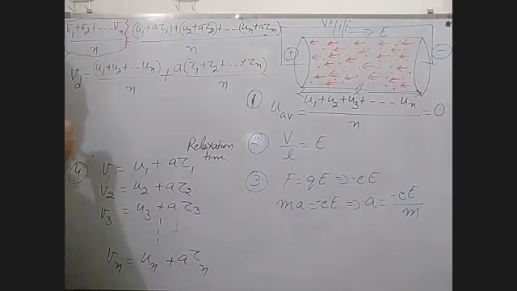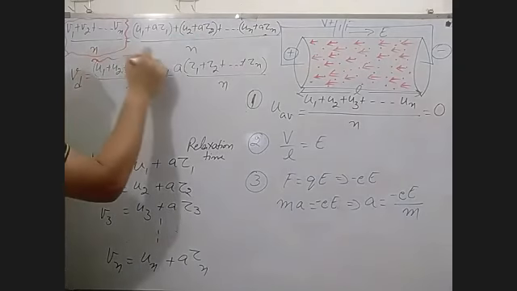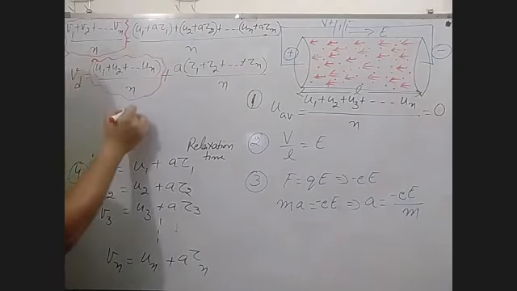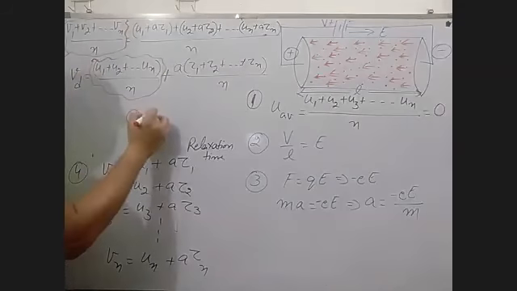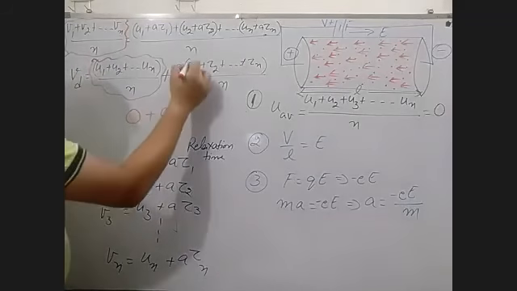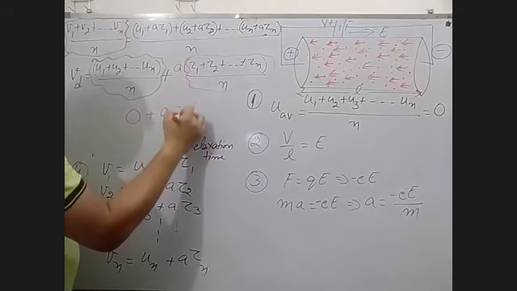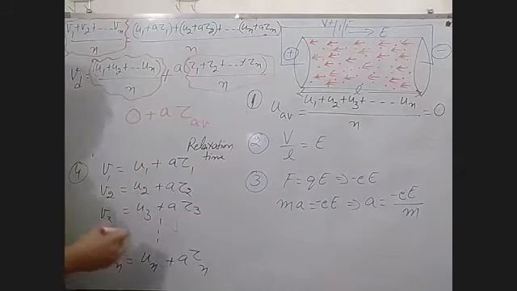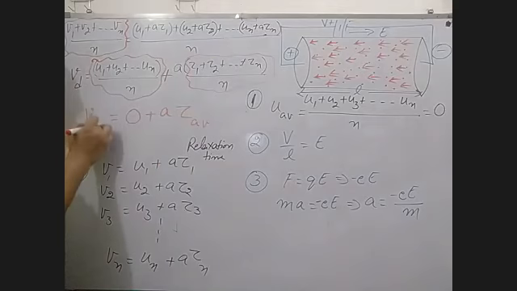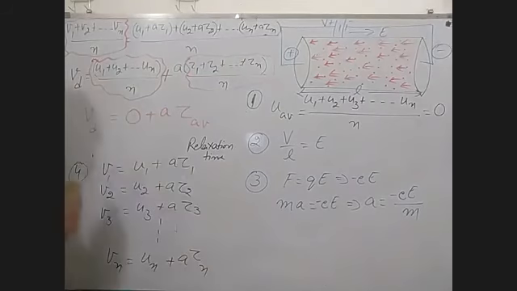Now what value is represented by this? 0. Okay. a. What is this? This is the average relaxation time. You can write in this way, tau average. And what is left? vt. Okay.